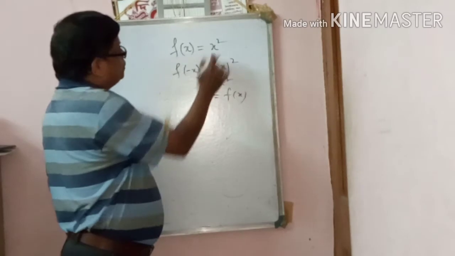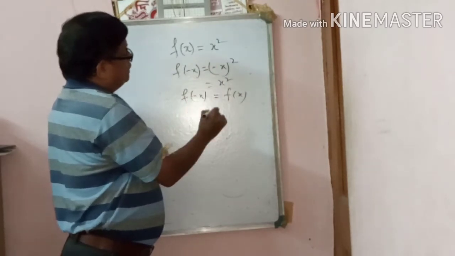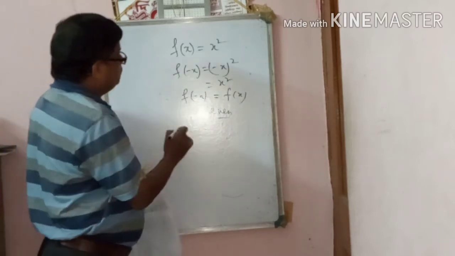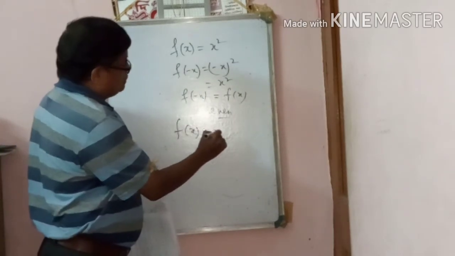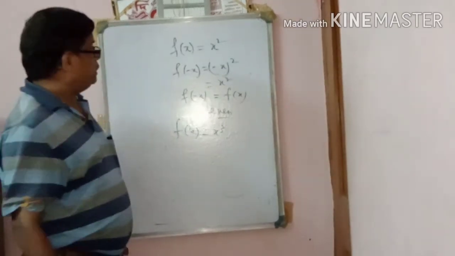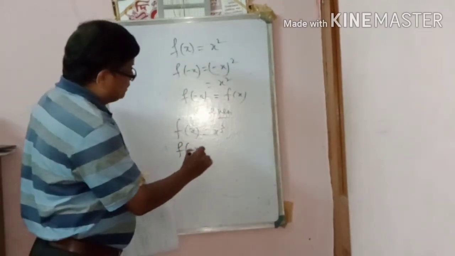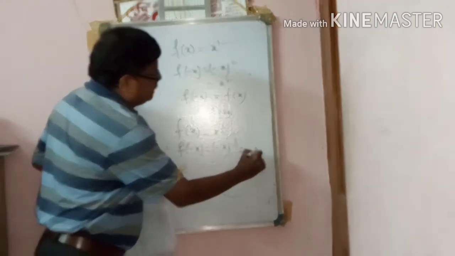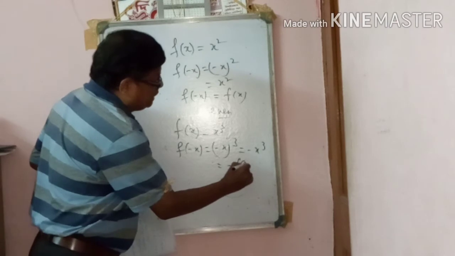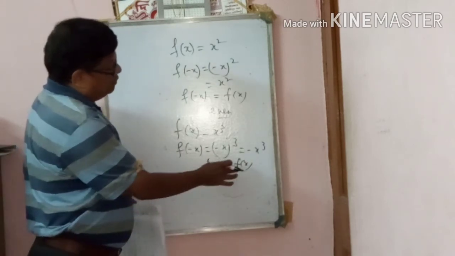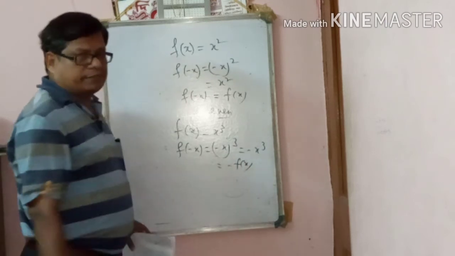So this function is known as an even function. Now if f of x equals, suppose, x cube, then f of minus x is minus x whole cube, which is minus x cube, equal to minus f of x. This is an odd function.